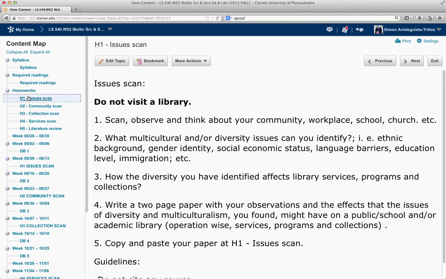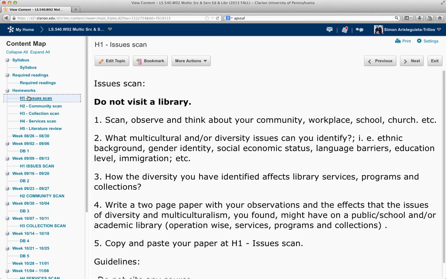There are a few ethnic minorities, very few Latinos, very few African Americans. That doesn't mean that the library, for example, shouldn't care about us. No, it should care about us too. So how are those issues going to affect what the library can do for us in terms of services, programs, and collection?